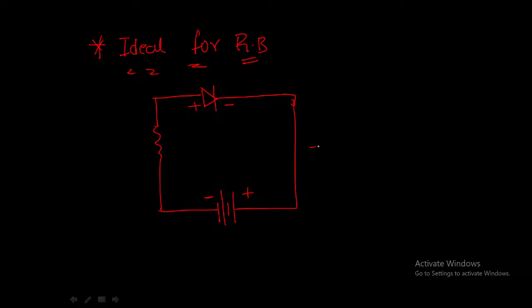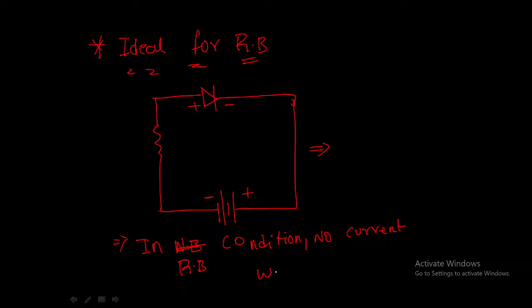Now how to model this? What happens in negative bias condition? The diode will not at all conduct. So in reverse bias condition, no current will flow through the diode. This is an ideal statement.